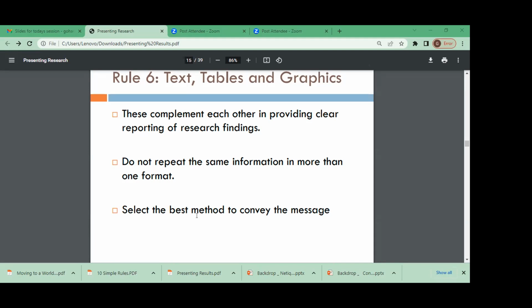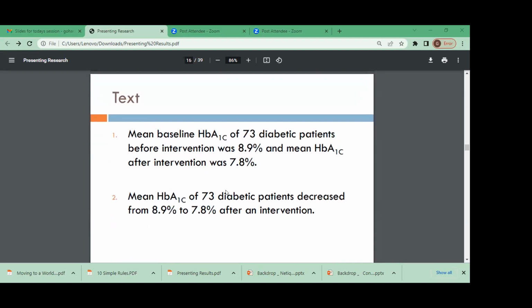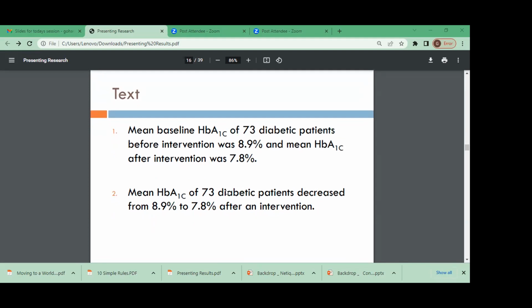And then, while you're reporting the text, you have to be very precise. I have given you this example here, where it says that the mean baseline HbA1c of 73 diabetic patients before intervention was 8.9% and the mean HbA1c after intervention was 7.8. So here's the problem with the first statement.